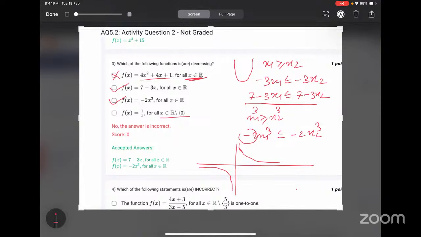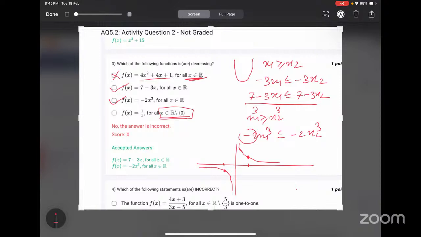Because we have to check the domain also, right? Here the domain is given as R minus 0, which means we have to consider both the negative and positive sides. 1 by minus 2 will be minus 0.5, and 1 by 4 will be 0.25. We can check one negative point and one positive point. The negative point will always give a smaller functional value and the positive point a greater one, so it continues the same inequality.